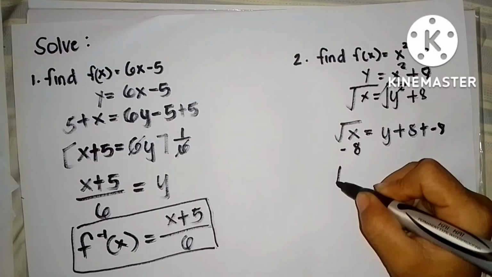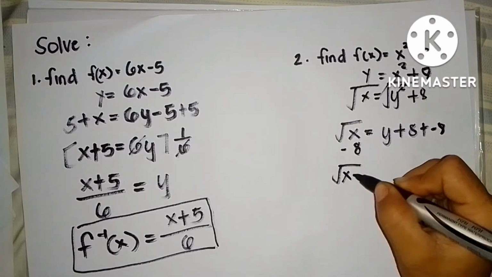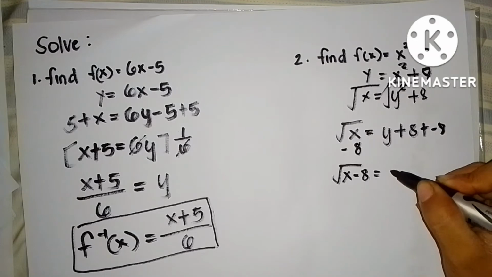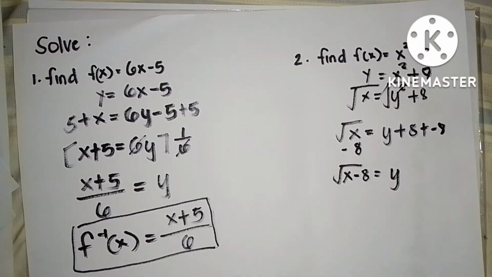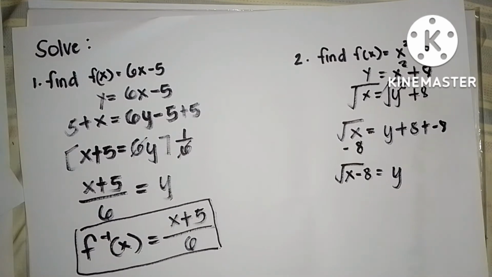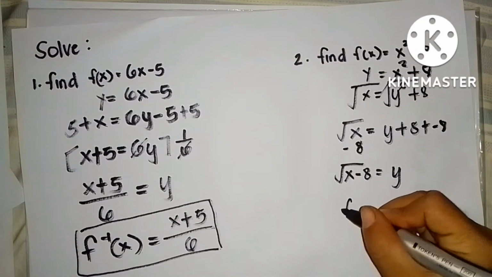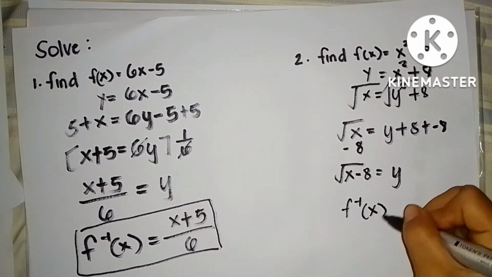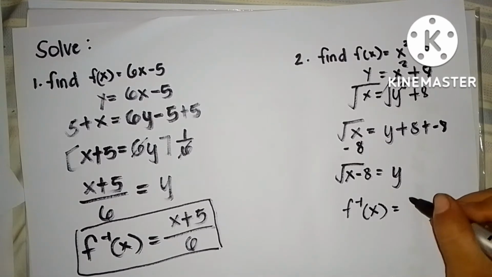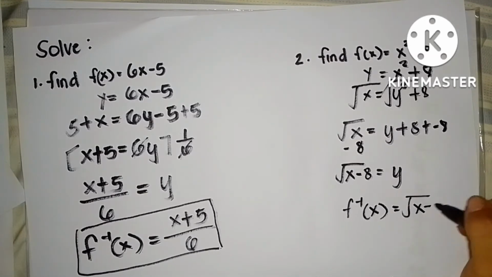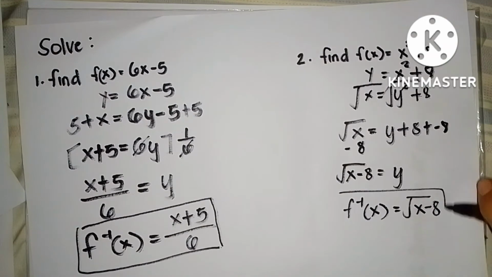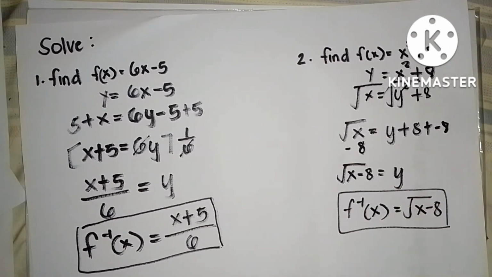So this will become x minus 8 equals y. And then change the y into the inverse function. So we have the inverse function of x equals the square root of x minus 8. So this will be the result.